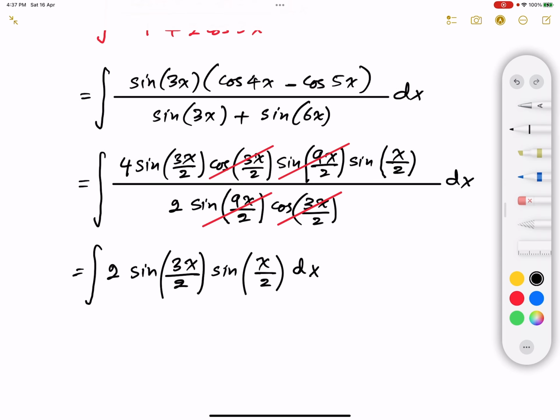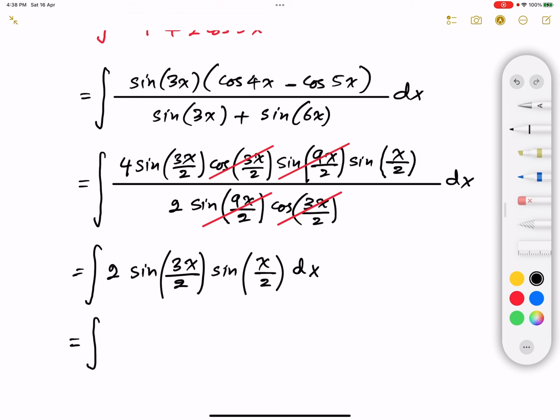Now we have a product of two sines, and we can benefit from the formula of a product of two sines. A product of two sines can be expressed as a difference of two cosines, but again we need to multiply by half and then take the difference first and then the sum of the angles respectively. So this is going to be equal to the integral of half multiplied by 2, that's going to cancel out, so 2 will disappear.